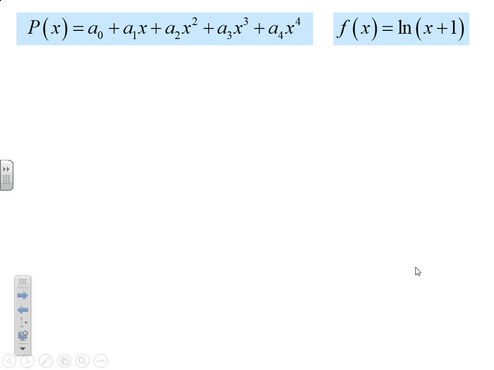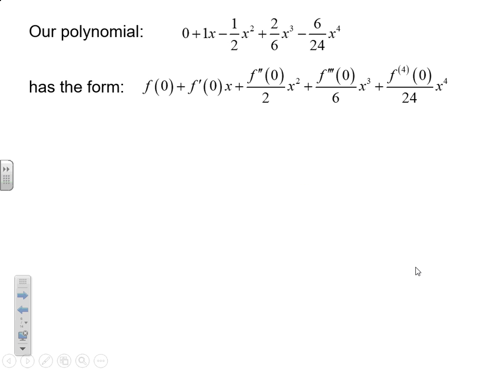So our polynomial was this. Do you notice how each of these numbers, that was the derivative? Are you noticing that? Okay, what are these numbers? 2, 6, and 24.